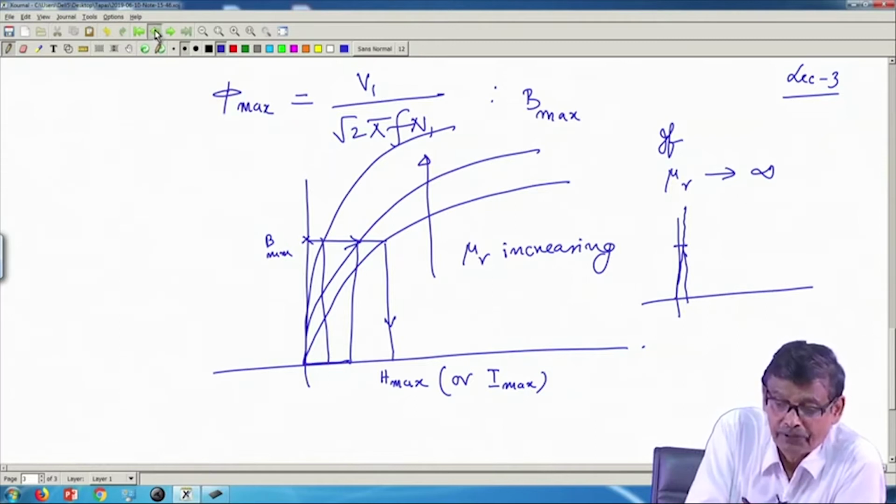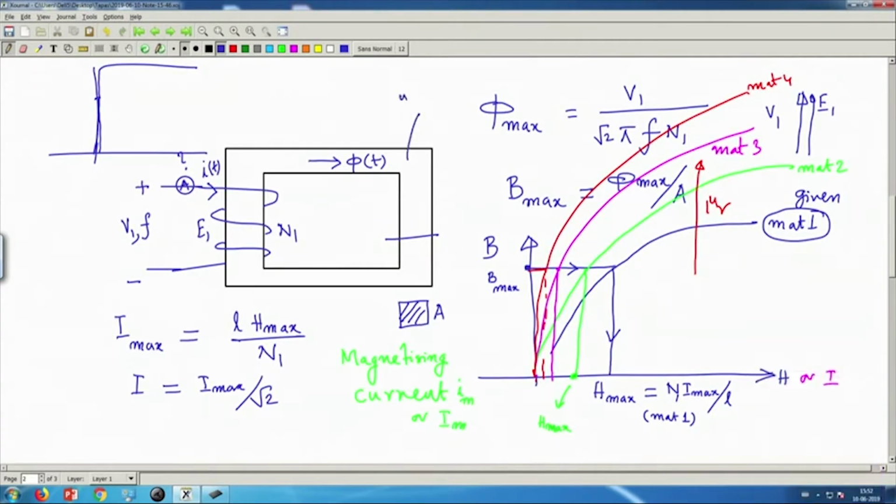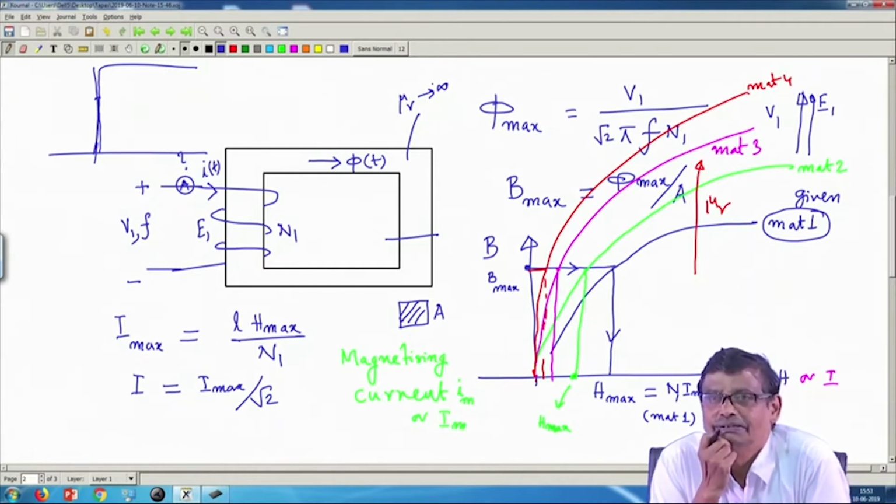Therefore, we can say that if mu r tends to infinity, what will be the ammeter reading? You think a bit. The ammeter reading will be vanishingly small.